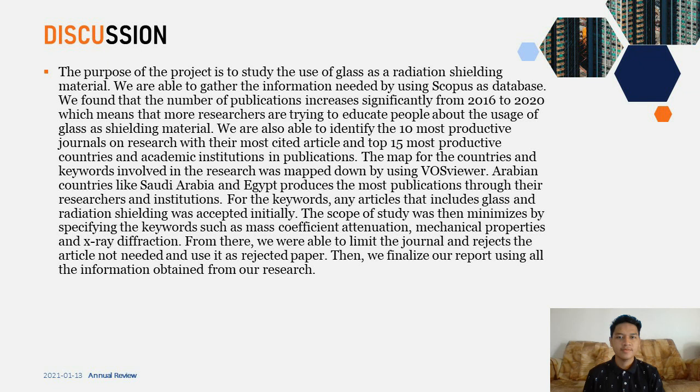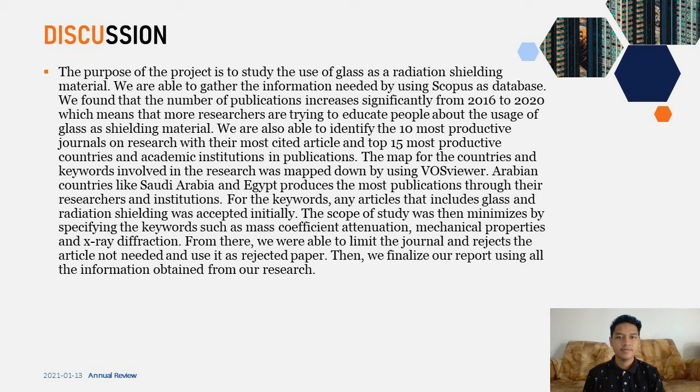For the discussion, we are able to gather the information needed by using Scopus as database. We found that the number of publications increases significantly from 2016 to 2020, which means that more researchers are trying to educate people about the usage of glass as shielding material. The map for the countries and keywords involved in the research was mapped down by using VOSviewer.